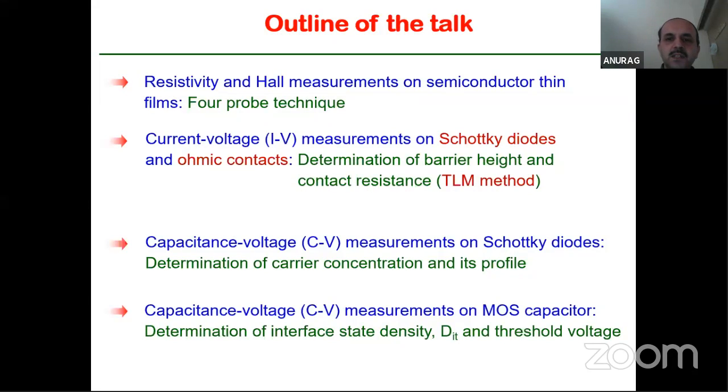Very briefly, not going too much into the details, I will try to highlight the important parameters of a Schottky diode which we can measure using the current voltage technique or characterization.